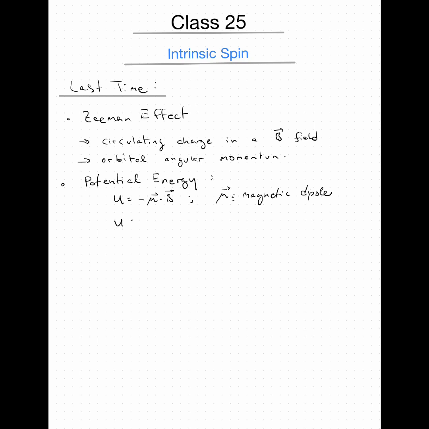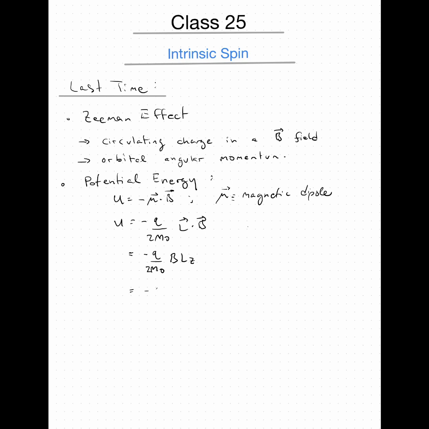So U, the potential energy, can be rewritten as minus Q over 2m naught times angular momentum dotted into magnetic field, L dot B, and that is equal to, if you simplify, minus Q over 2m naught B L_z.